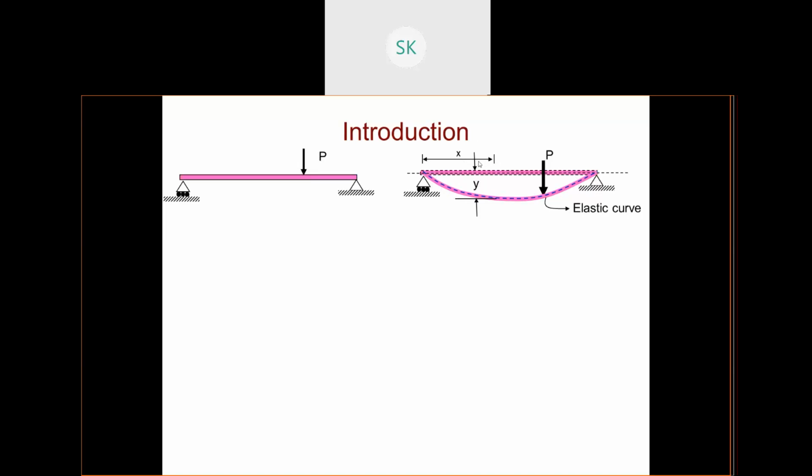So what will be the deflection? Generally deflection is represented by y, okay? By definition, it is the vertical distance of the beam measured before and after loading. Before the loading, y will be 0, and after the loading there will be some value of y. Okay, deflection at the support is always 0.